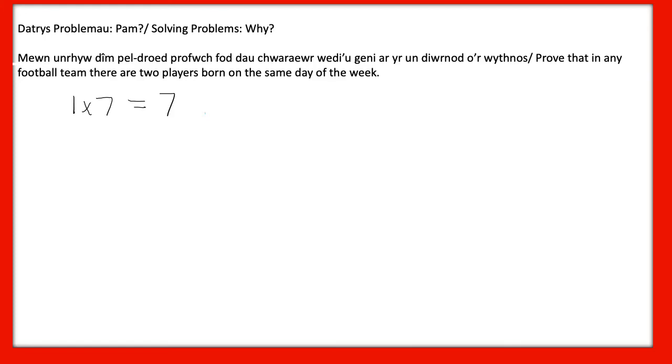But seeing as I need 11 players, that suggests that at least 2 of them, maybe 2, 3, 4, have got to be born on the same day of the week. There's got to be duplications, otherwise I can't have 11 players in my football team.